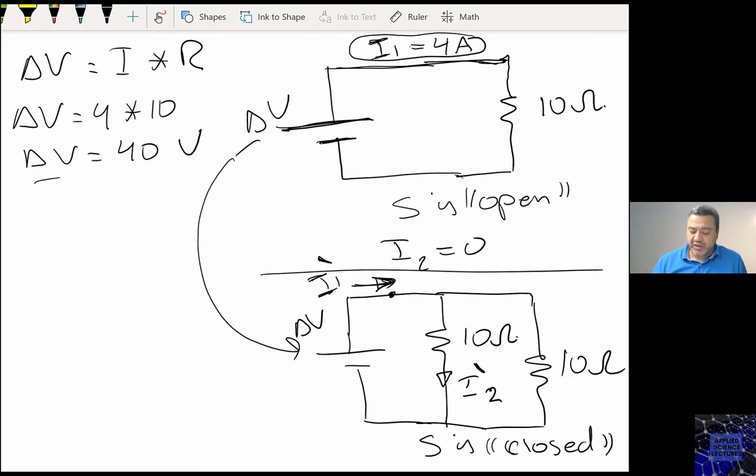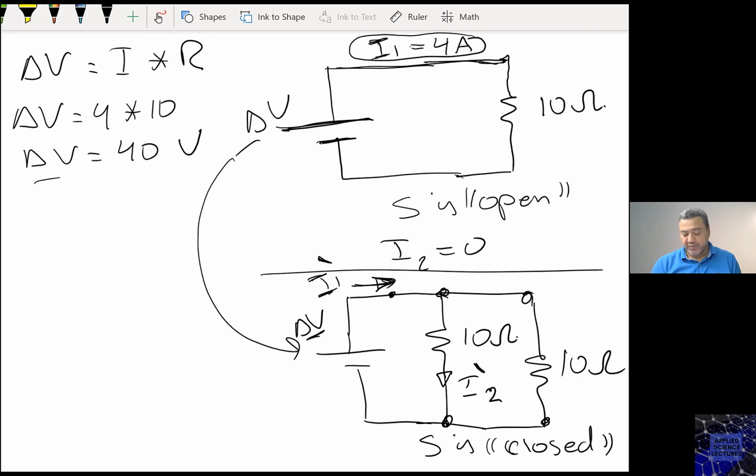What are those readings? The currents. The currents will now be different. Now I need to calculate I1 and I2. So how do I do this? Well, I know the potential difference delta V is the same across both resistors. So I can calculate I2 prime.